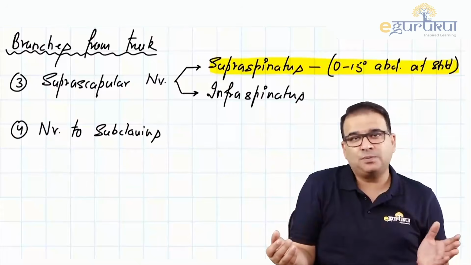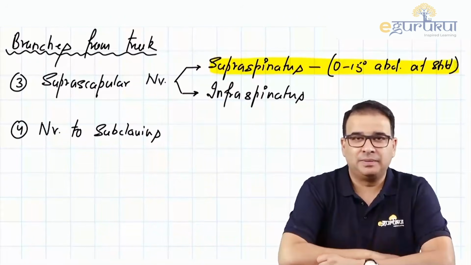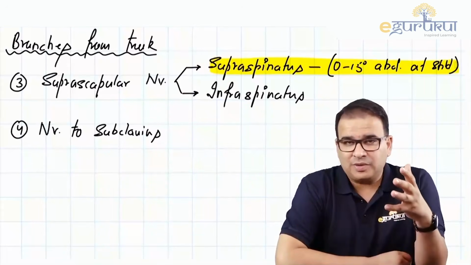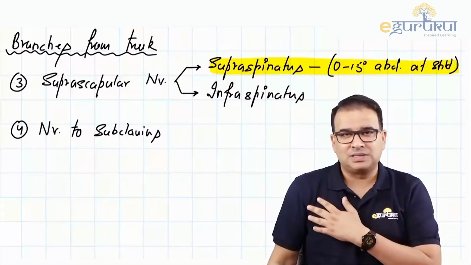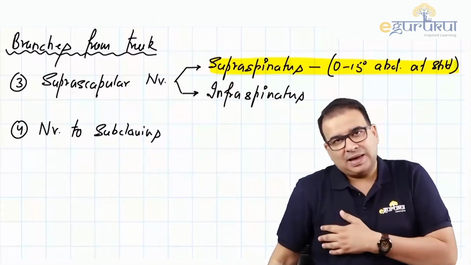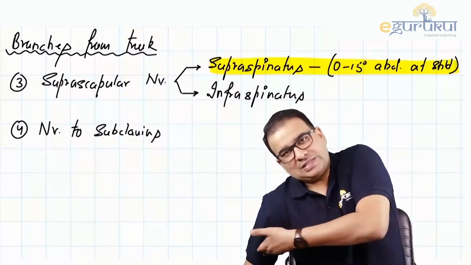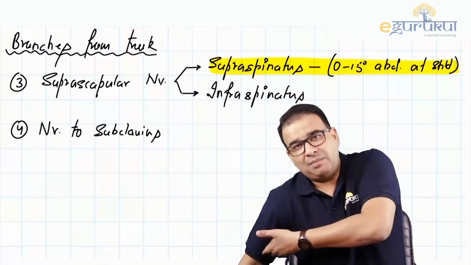So I need passive support from the other side to just start the abduction, and then the abduction will begin. Or there could be another trick movement: if my arm is hanging on the side and you ask me to abduct this shoulder, I can actually bend to this side. When I bend to this side, obviously there is some angle created between my body and the arm.